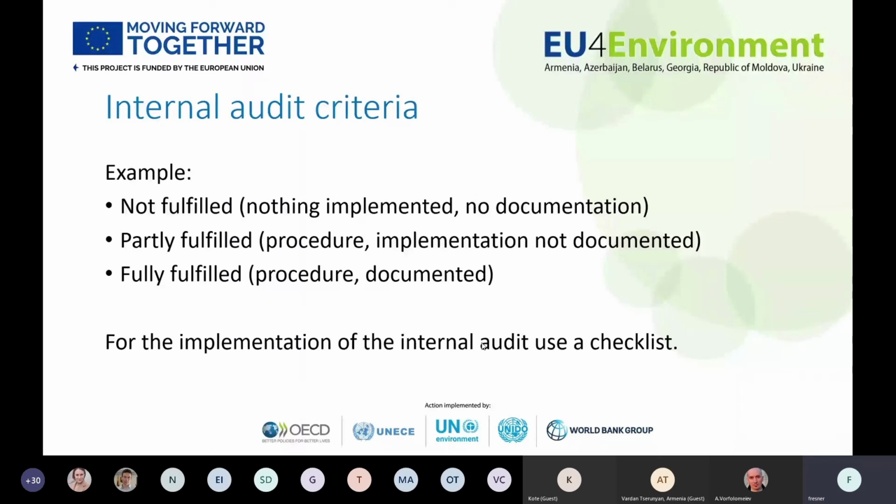And it's fully fulfilled if people in the area know their procedures, act according to the procedures, and document this also, so that records are kept, that checks are done, checklists are filled in, and documentation is kept in relation to the procedures.